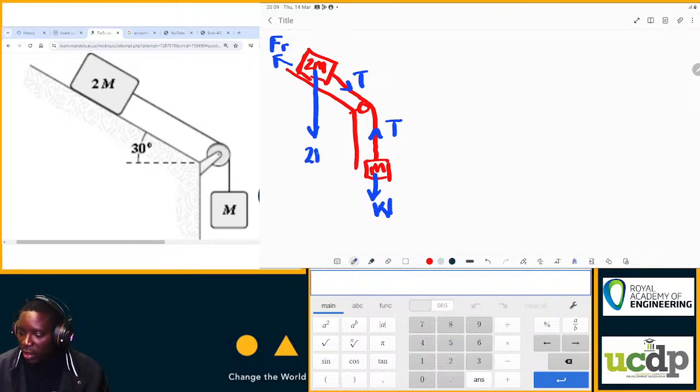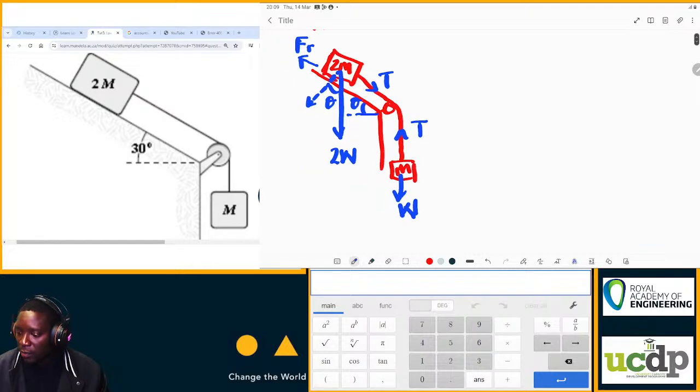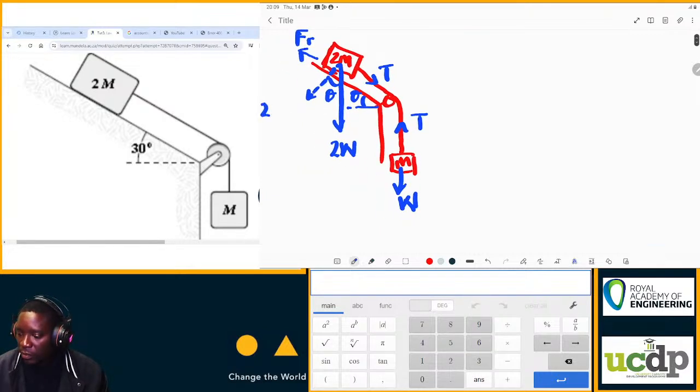Vertically, there is another weight, 2W, and at an angle theta to it. We're told this is an angle theta, so that will be 2W cos theta, which means this 2W cos theta is perpendicular to the incline.